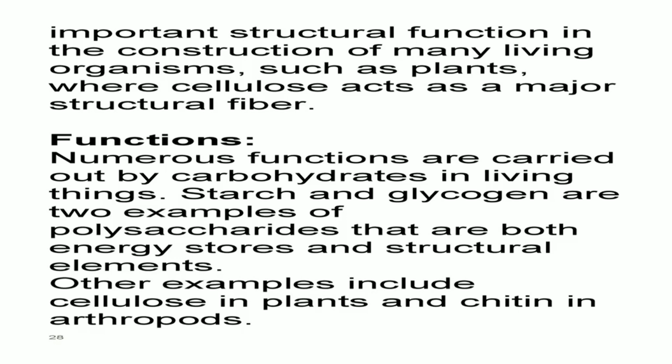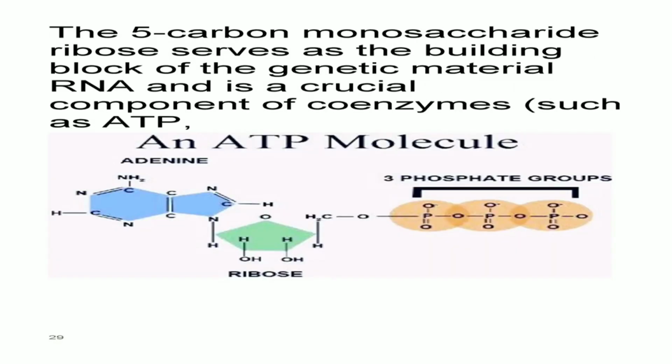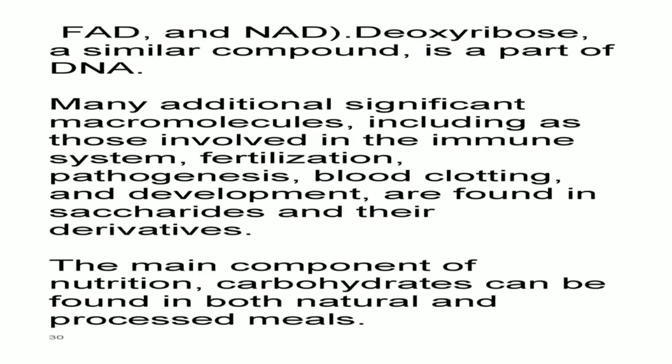Functions. Numerous functions are carried out by carbohydrates in living things. Starch and glycogen are 2 examples of polysaccharides that are both energy stores and structural elements. Other examples include cellulose in plants and chitin in arthropods. The 5-carbon monosaccharide ribose serves as the building block of the genetic material RNA and is a crucial component of coenzymes such as ATP, FAD and NAD.